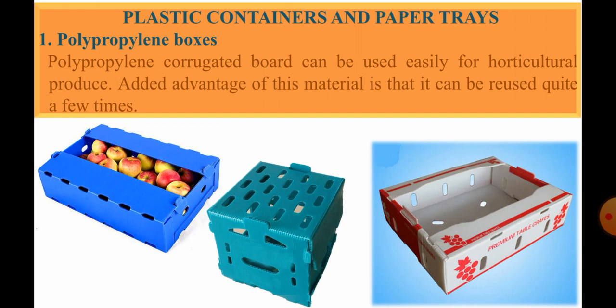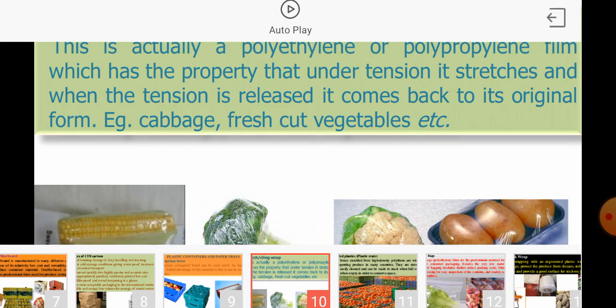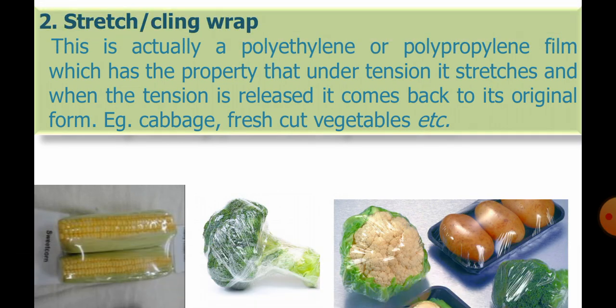Then the second one is stretch or cling wrap. This is a polypropylene and polyethylene film which has the property that under tension it stretches, and when the tension is released it comes back into its normal form. This property helps in packaging the product tightly.